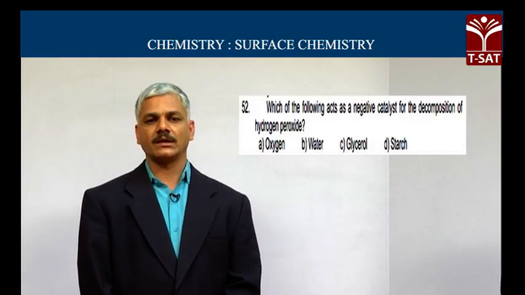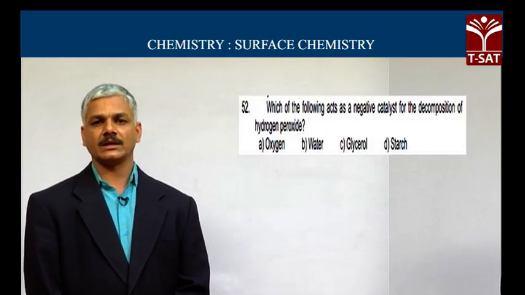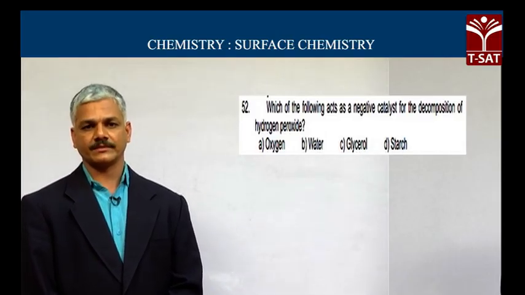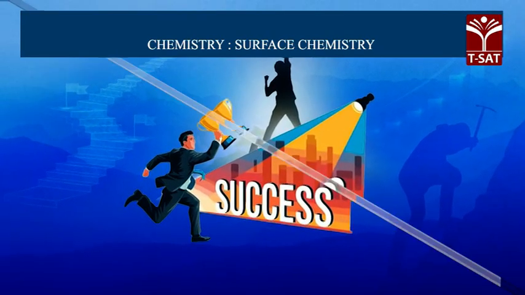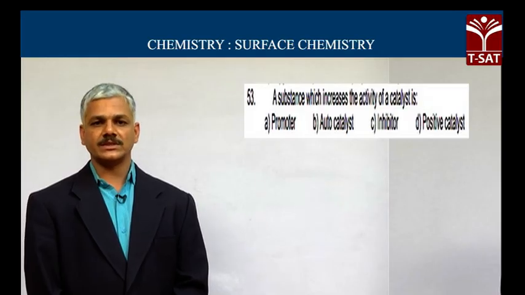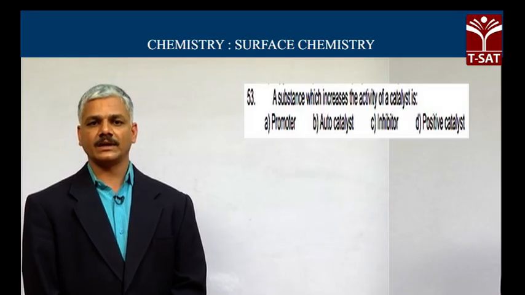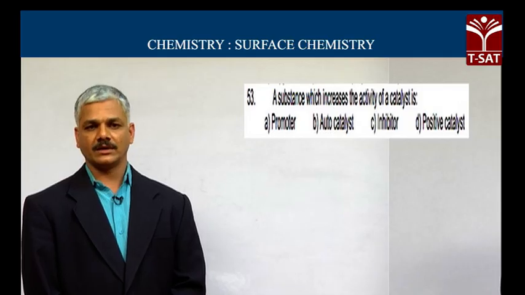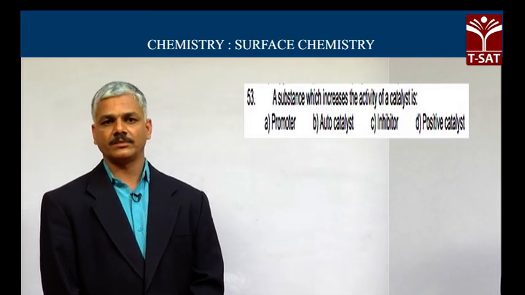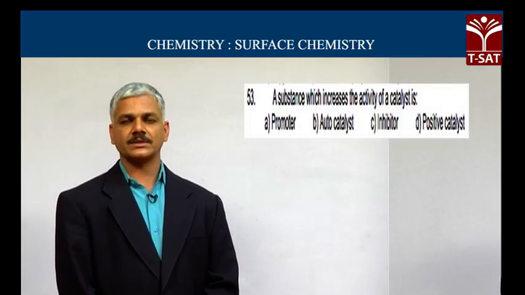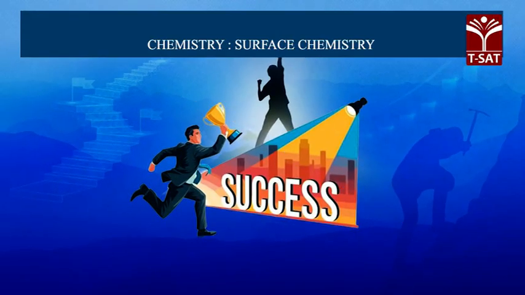Given options are: oxygen, water, glycerol and starch. Correct option is C, glycerol. 53. A substance which increases the activity of a catalyst is. Given options are: promoter, autocatalyst, inhibitor, positive catalyst. Correct option is A, promoter.